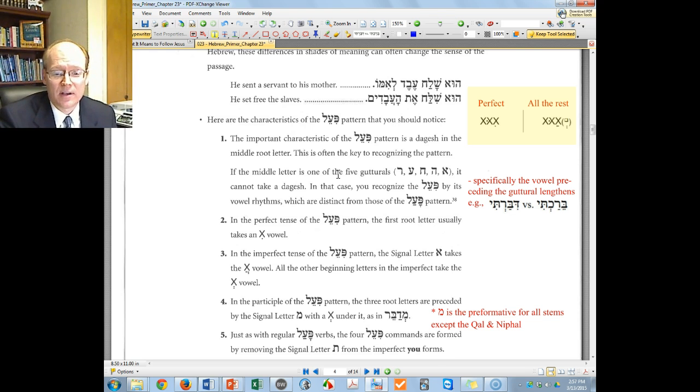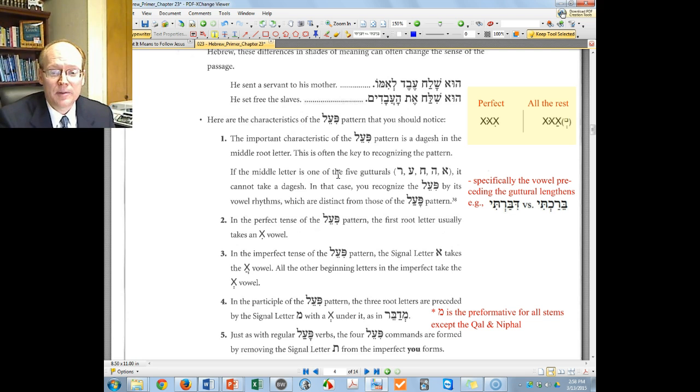And in that case, the textbook says you recognize the Piel by its vowel rhythms. Well, that's not quite as helpful as the information that I'm providing here on the side. Specifically, because the guttural rejects the dagesh, it causes the vowel preceding the guttural to lengthen. So just take a look at this example that I've got here on the side.